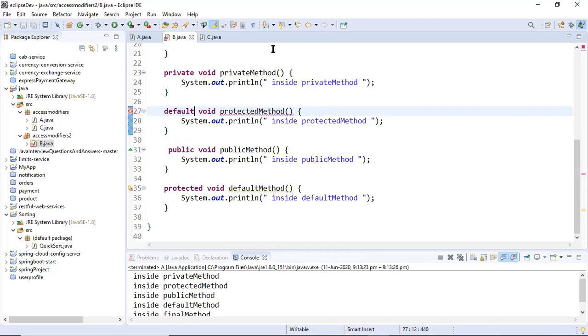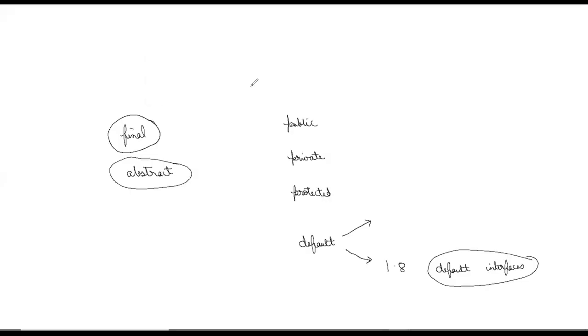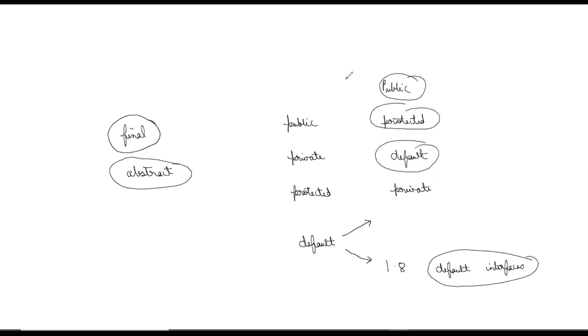So coming back to our discussion, visibility is highest for public, then protected, then default, then private.